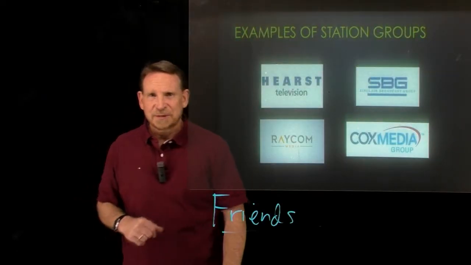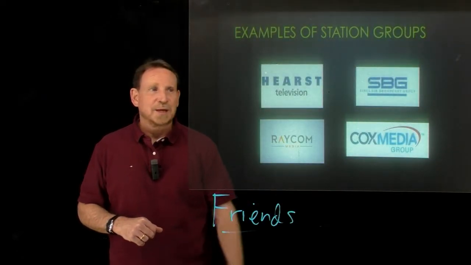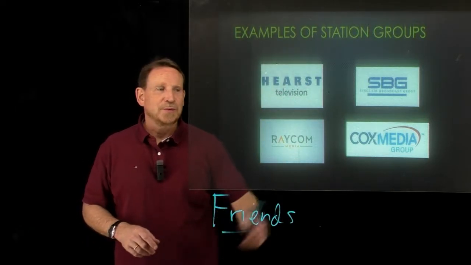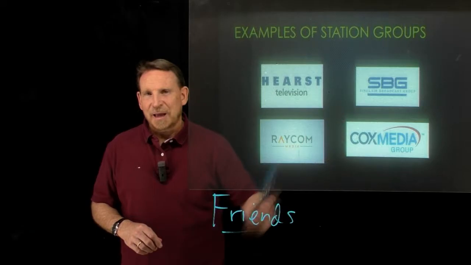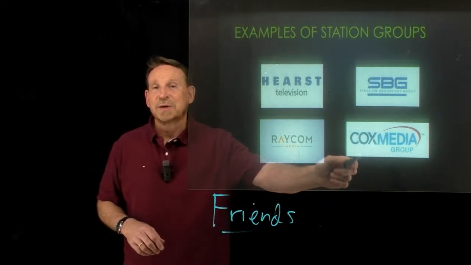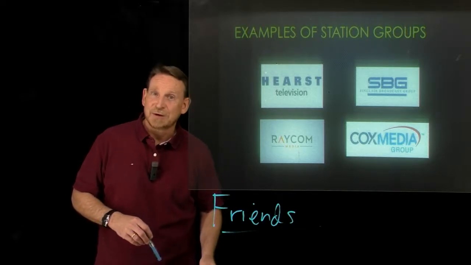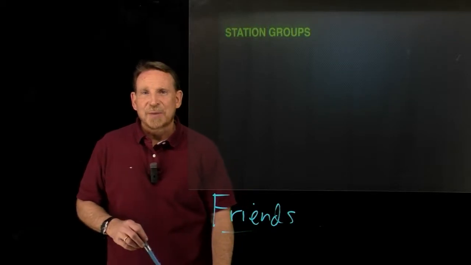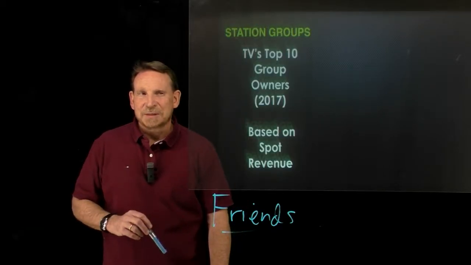And of course, a couple of these other examples of station groups have been known before. We've got Hearst Television, that one you're familiar with, Raycom perhaps. SBG is Sinclair Broadcast Group. Cox Media is one, and they've got a pretty good footprint in the Orlando market. What I want to do is give you a quick sense as we wrap up of some differences among these station groups.